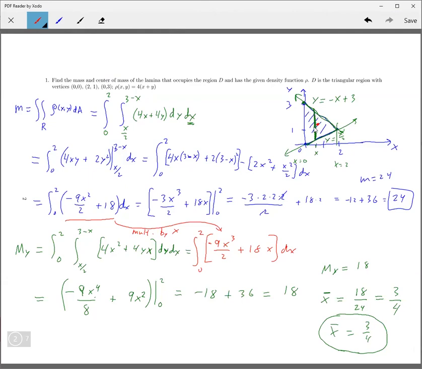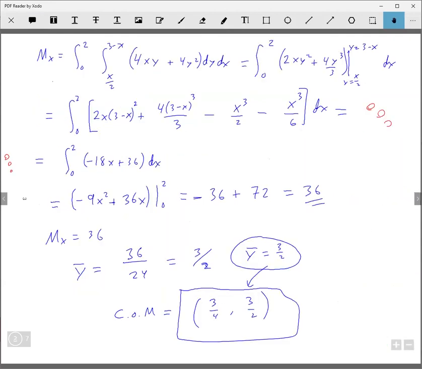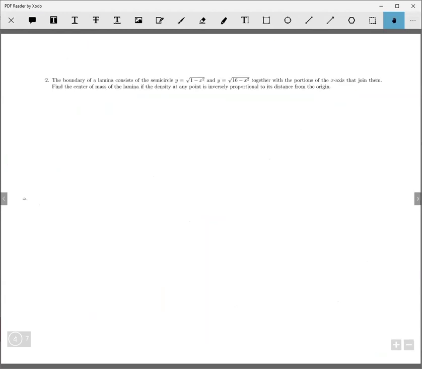If it was a uniform plate, the center of mass would probably be over here somewhere, maybe right there. But since it's heavier over here with larger values of x and y, it's moved a bit. In other words, before you put this answer in, check and see if it makes sense.